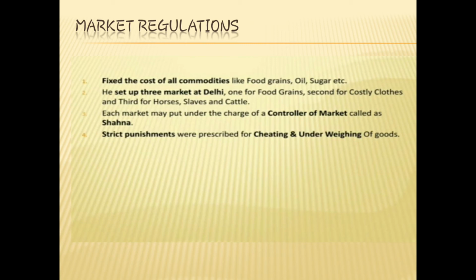Since he was more interested in amassing the wealth of these territories to maintain his army, he forced the rulers to accept his sovereignty and pay their annual tribute to him. So he was more interested, and this was all because he wanted to maintain a strong army. So this was the Deccan Expedition.